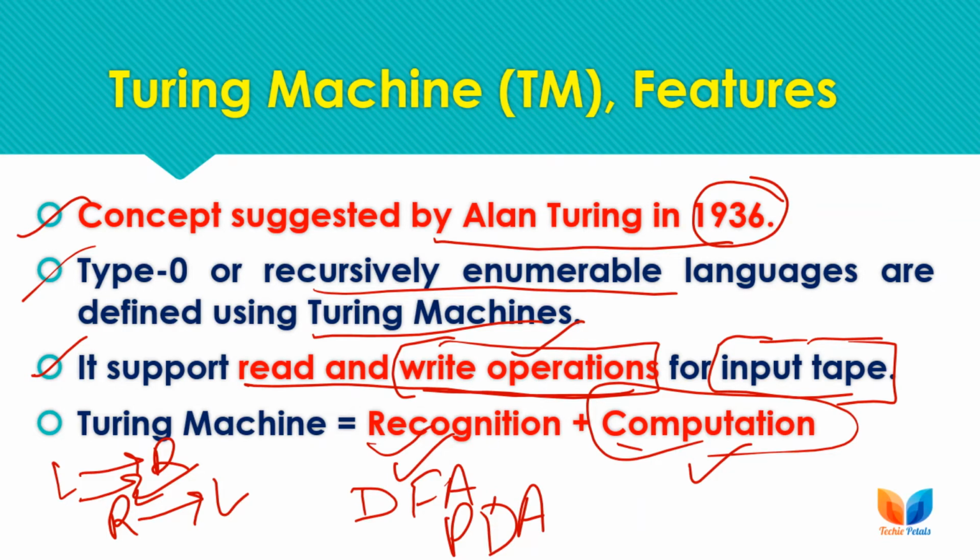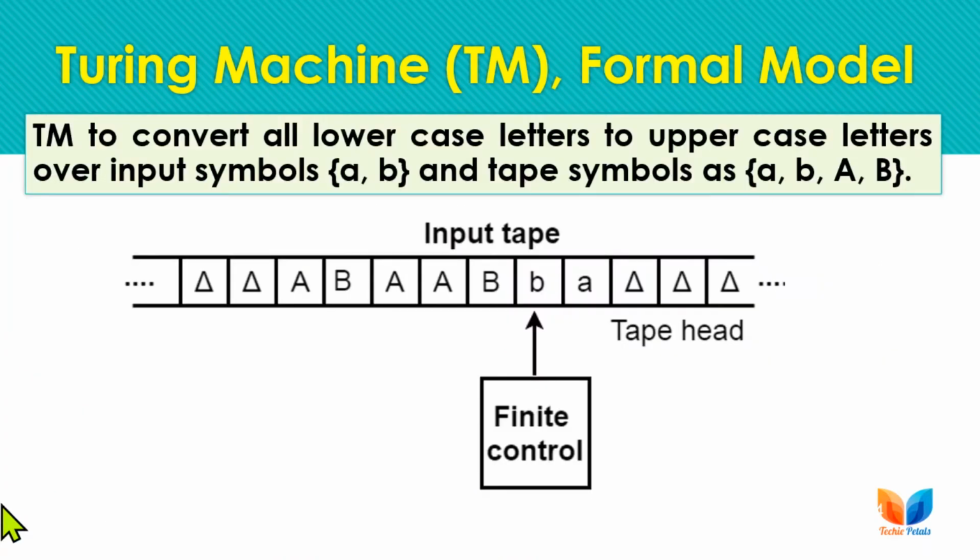So let's start with the formal model of the Turing machine with an example. Here we are considering the problem of converting all the lowercase letters to uppercase letters, and the symbols for the inputs we are considering as a and b. So input symbols here are a and b, meaning the input string will be a combination of lowercase a's and b's.